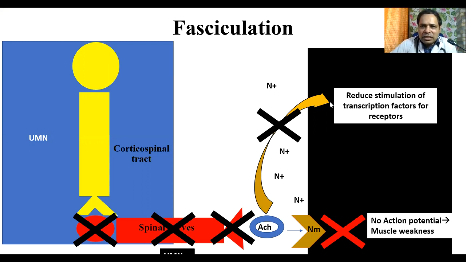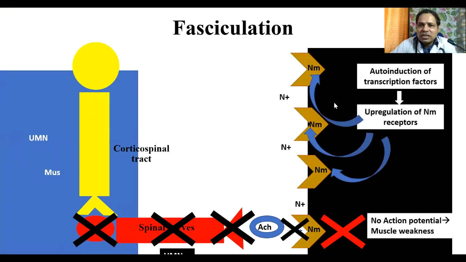As there is reduced stimulation of the transcription factors for the receptor, your muscle will start thinking, why is there no NM receptor? It thinks like that. Why is there no action potential? So it starts producing more and more NM receptors and sends them towards the periphery, towards this muscle here. So already acetylcholine is not there, but it's sending more and more NM receptors, and the muscle will get hypersensitization.